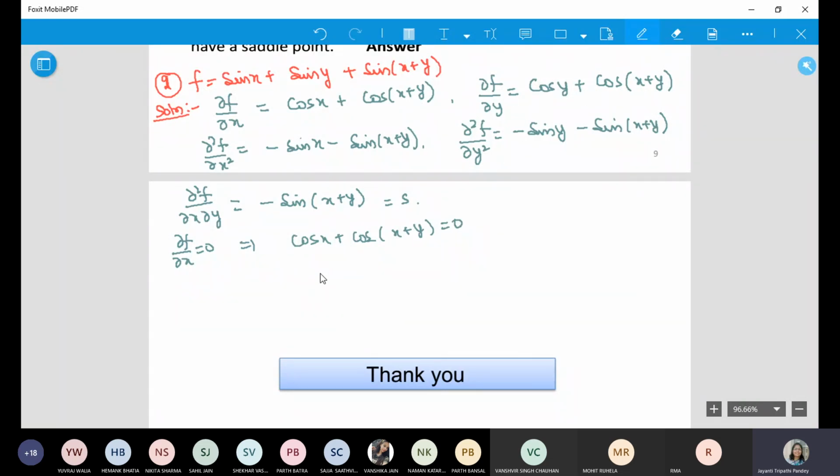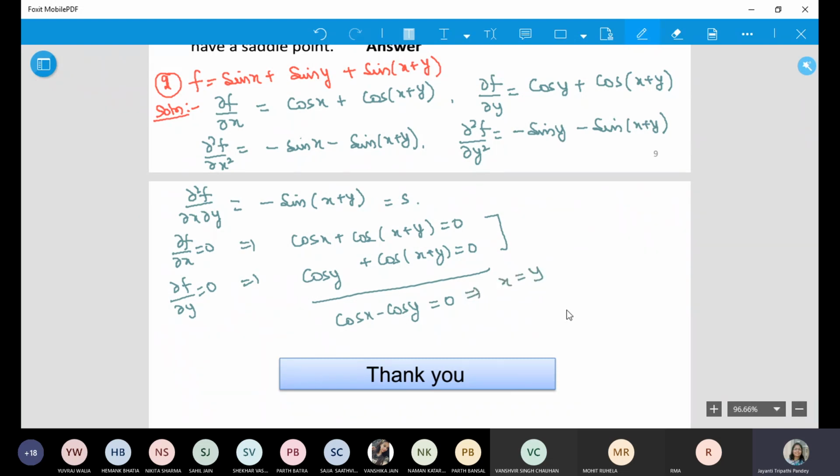And when you equate this as 0, you are writing cos y plus cos(x plus y) equals 0. And we have to solve these equations to get some meaningful value of x and y. When you subtract, you will get cos x minus cos y equals 0.